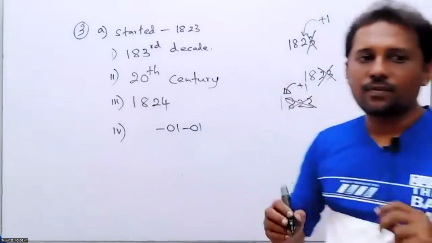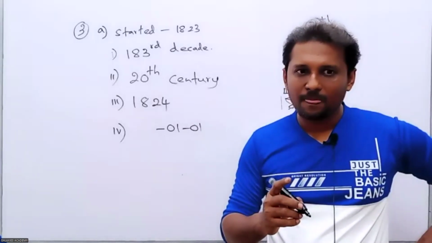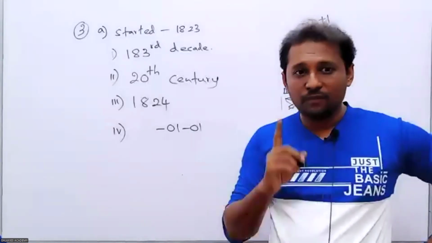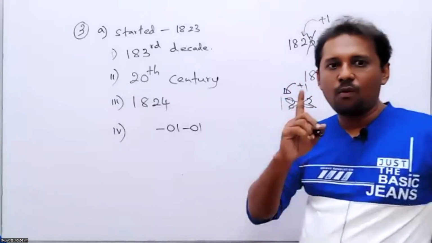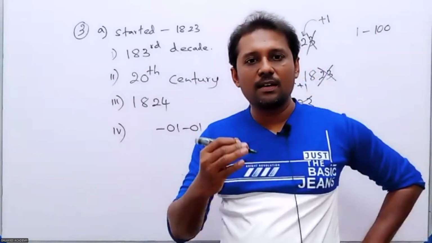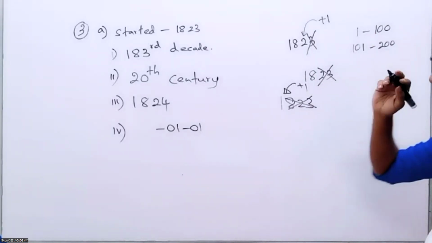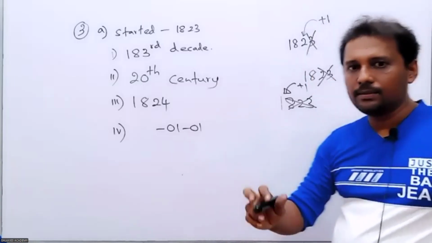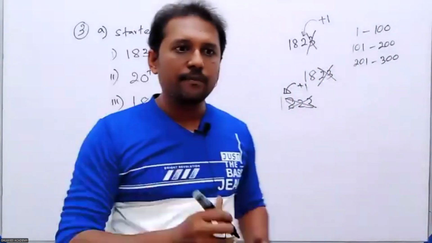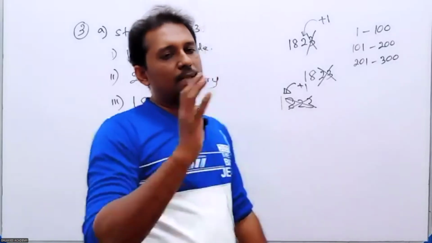First century started from which year? The first century starts from 1. 1 to 100 is the first century. The second century started from 101 and ended at 200. The third century started from 201 to 300. Then we have to find which century is given in this question, the 20th.